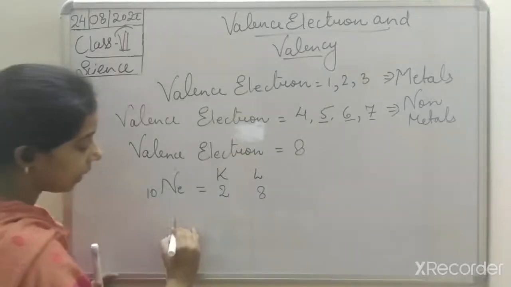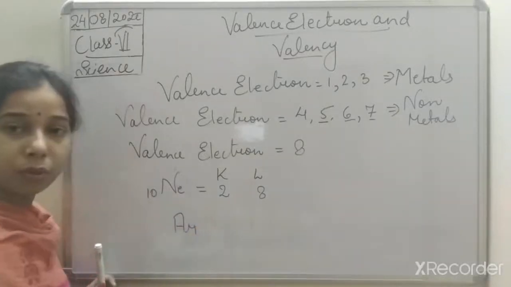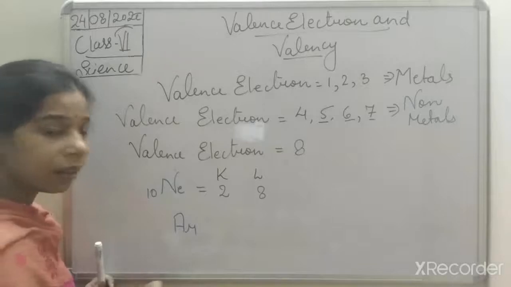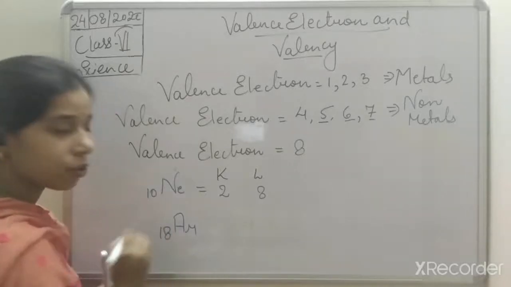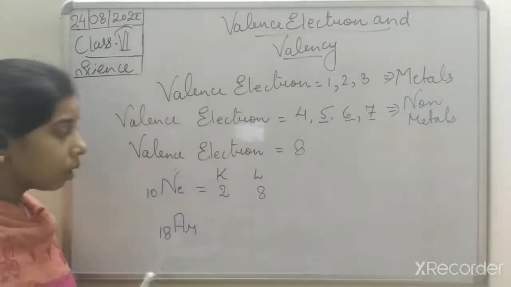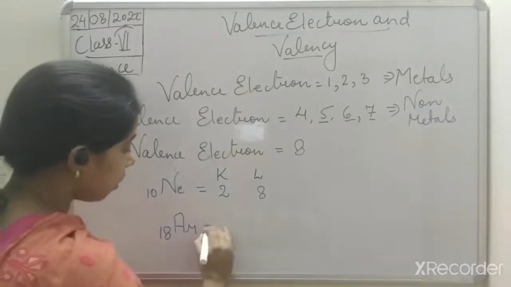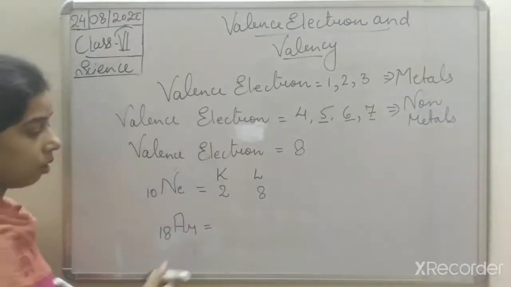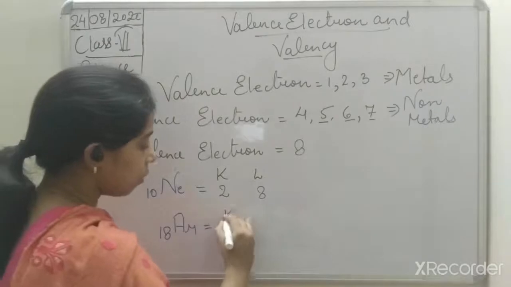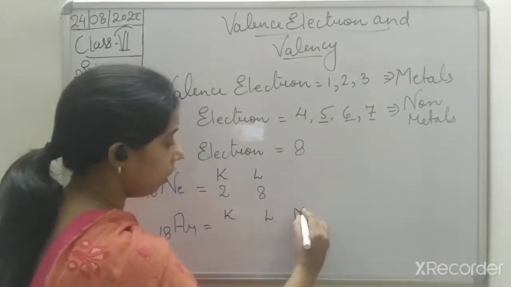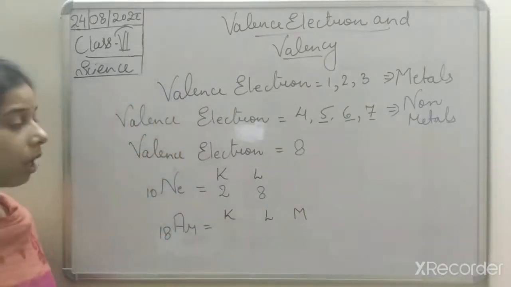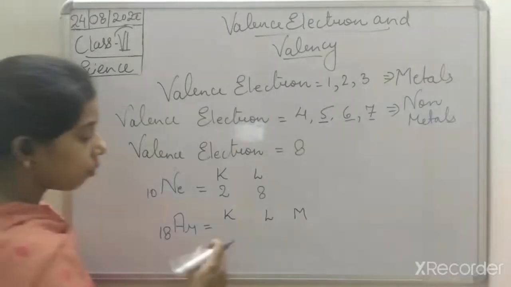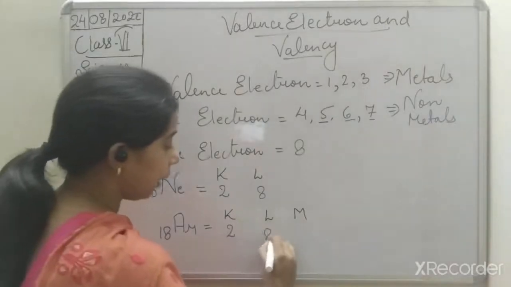Likewise, we can take an example of argon also. In the case of argon, you see that 18 electrons are there. If we see the electronic configuration, it will be K L M, that is 2, 8, 8.